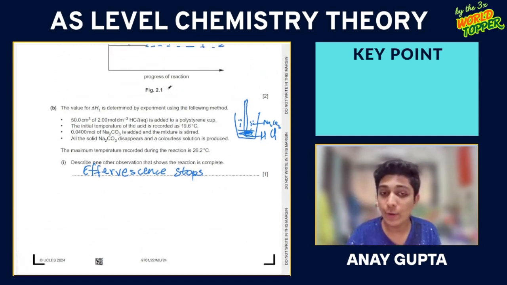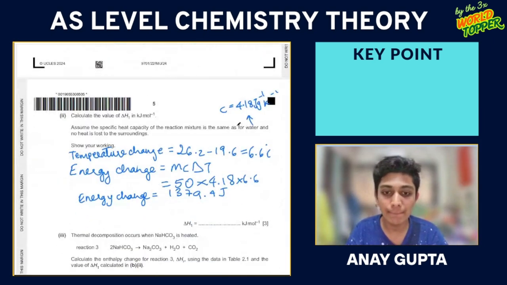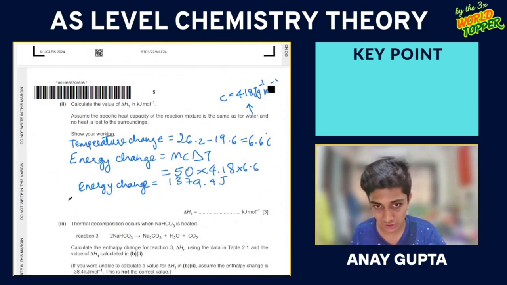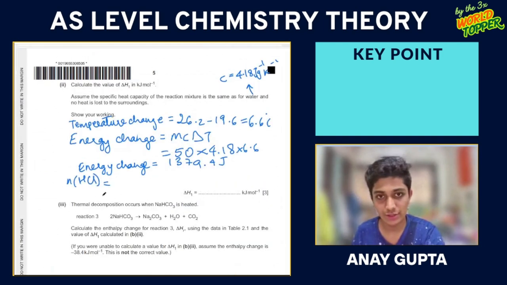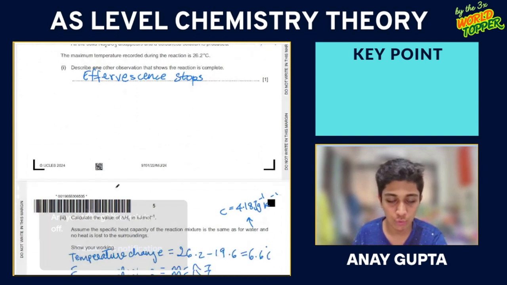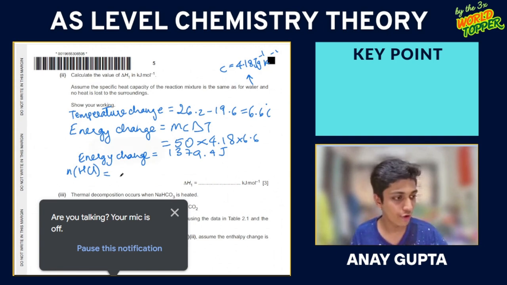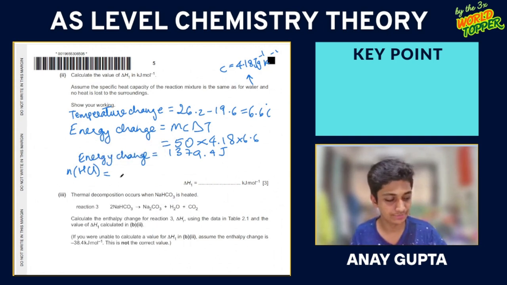We need to identify which of the reagents here is the limiting reagent. So we will calculate the amount of HCl. The moles of HCl is going to be 50 centimeter cube into 2.00 mole per dm cube. N equals C into V. We will use this formula to find our answer.